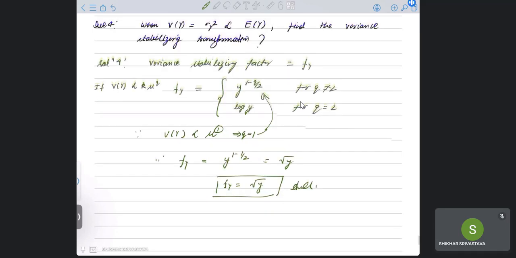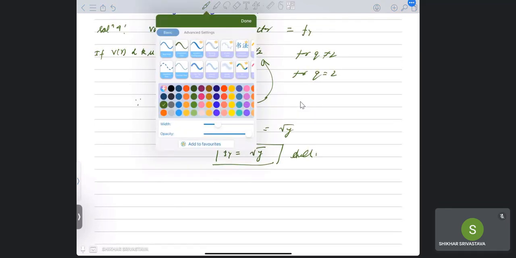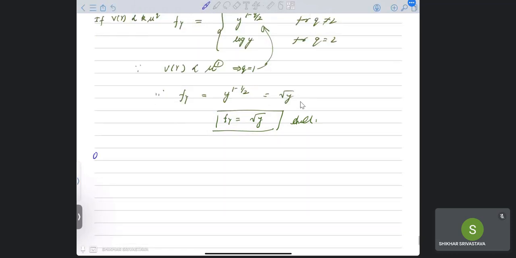Similarly, in the next question, question 5, they ask: suppose you have n observations of variables, where xi's are regressor variables and y is a response variable, and y's are exponential variables. So we consider a model fitting.